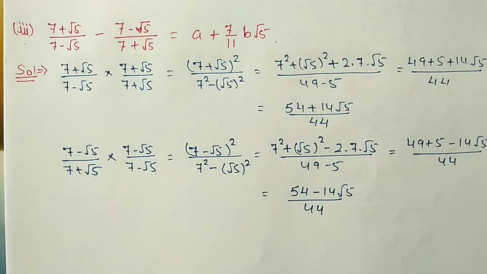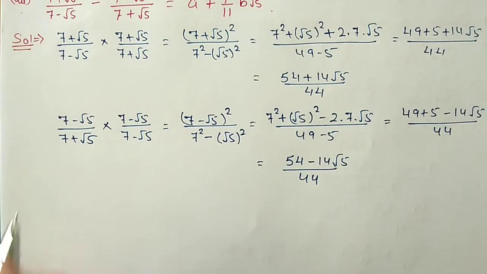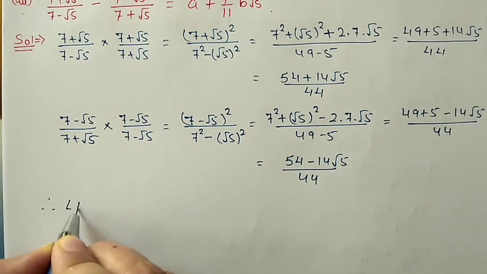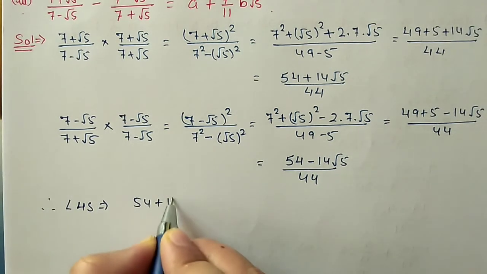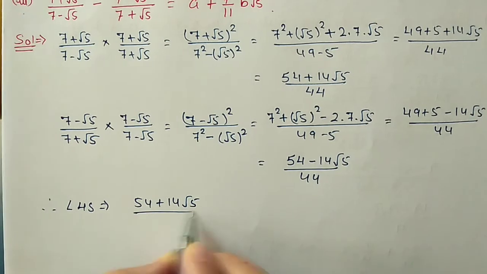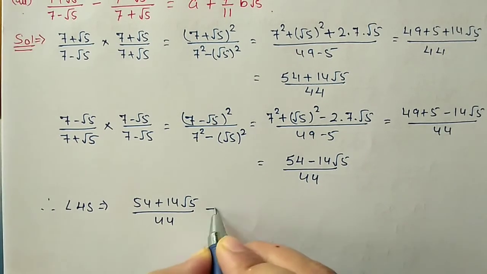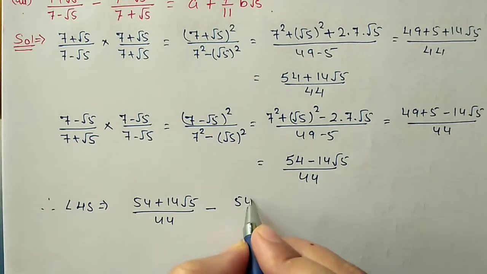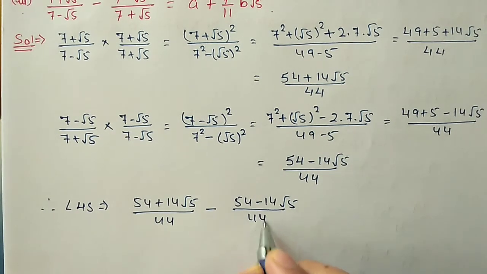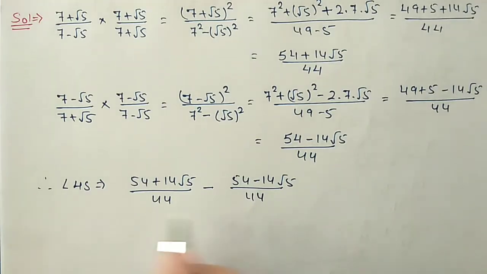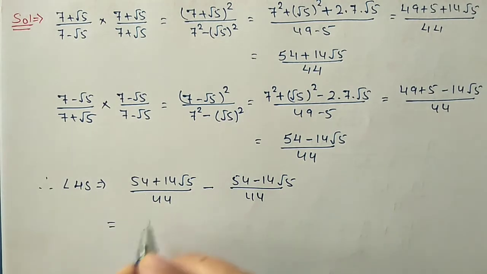Now we can substitute these values here. Therefore left side is equal to 54 plus 14 root 5 divided by 44 minus 54 minus 14 root 5 divided by 44. So both denominators are the same, we can simplify it.